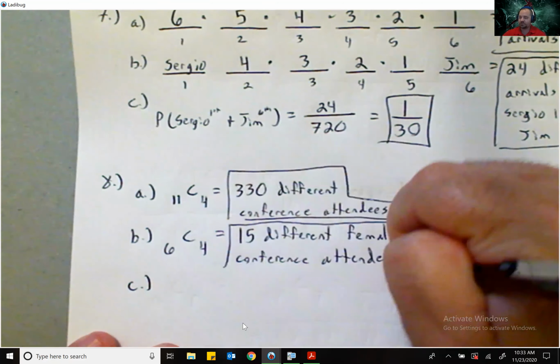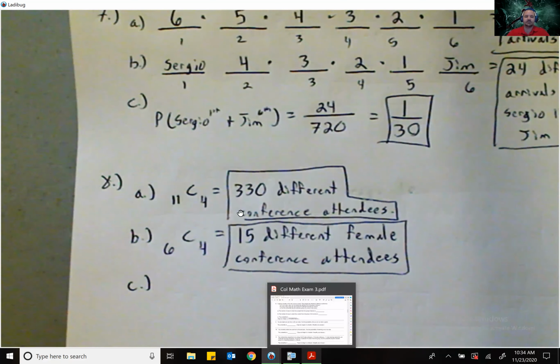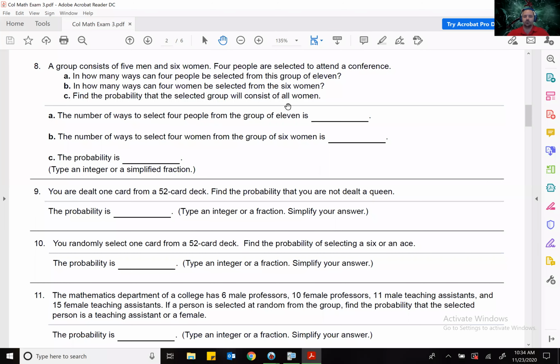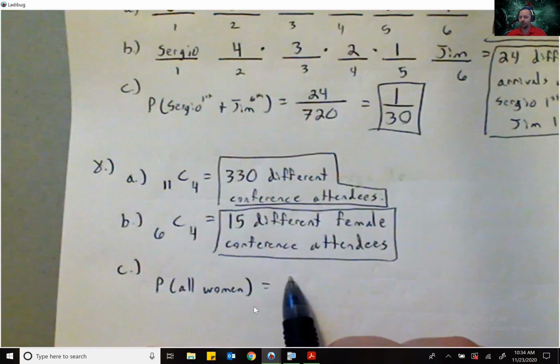And last but not least, just like before on number 7, we're going to put it all together in part C. So part C says, what's the probability of all women? Probability, all women or females. So the probability of our event, we win if it's all women.